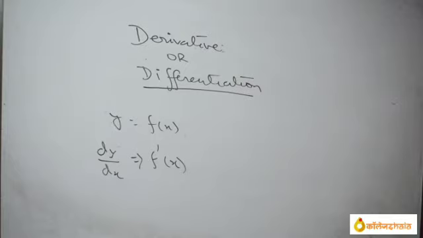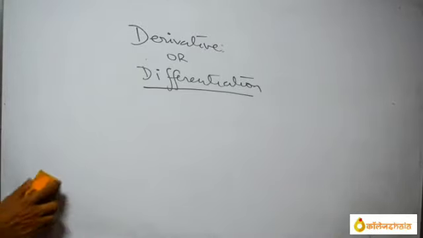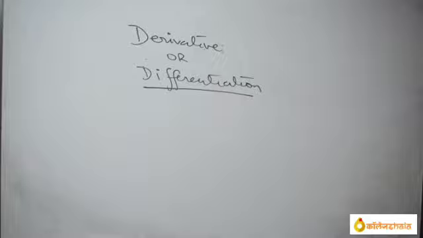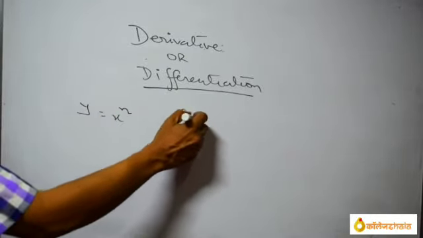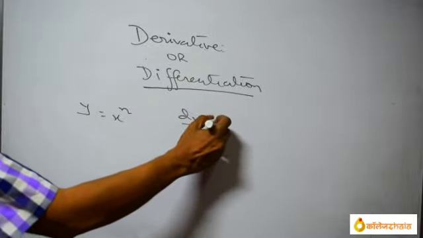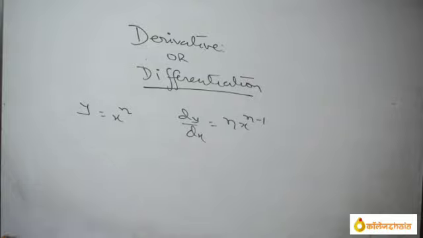Now we have some basic formulas for calculating the derivative. Let's start with y is x to the power n. The dy dx of this y will be n x to the power n minus 1. That is, the power is multiplied with the variable and the power is reduced by 1.